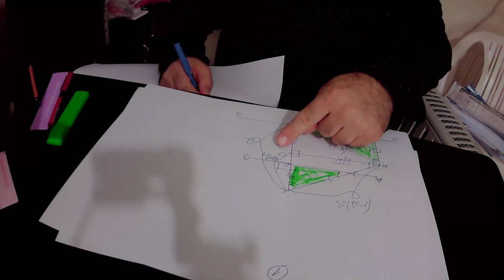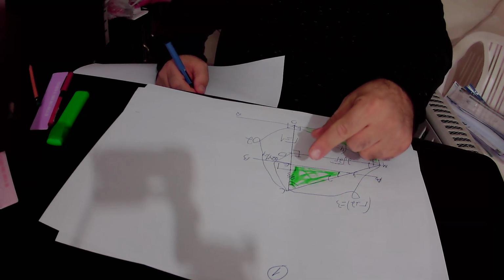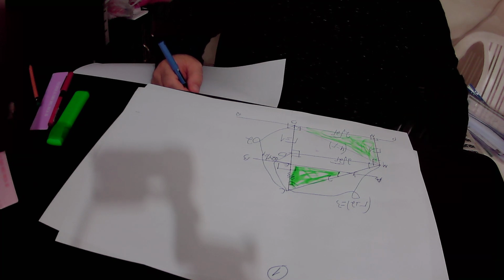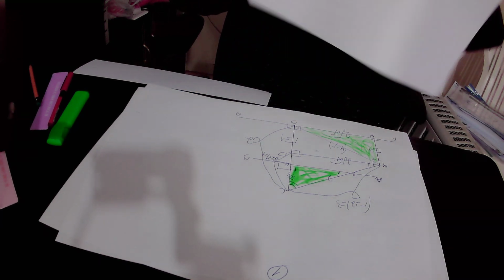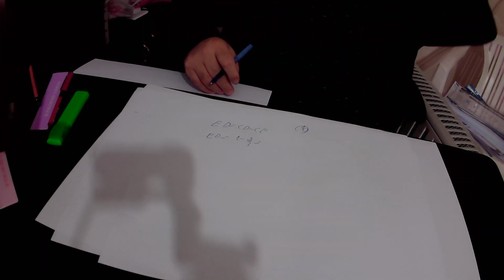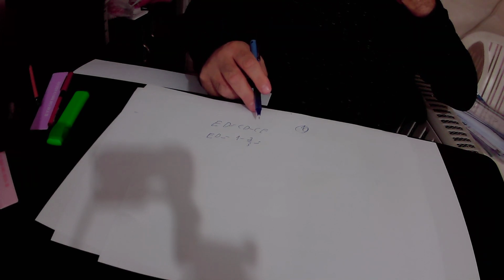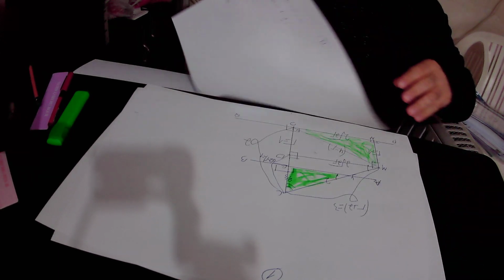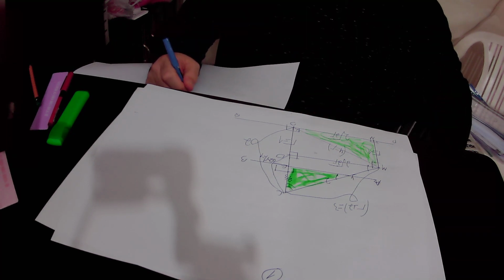CD is 1 unit, and we already found out that CE equals 2/3. So in total, we found out that ED equals 1 minus 2/3. 1 minus 2/3 is one third. So we found out that ED equals one third.